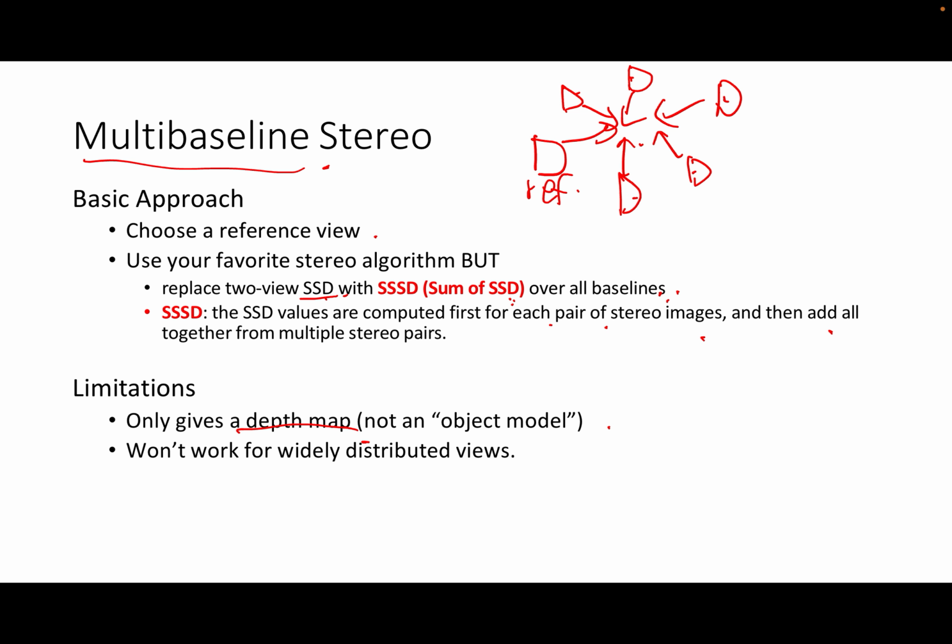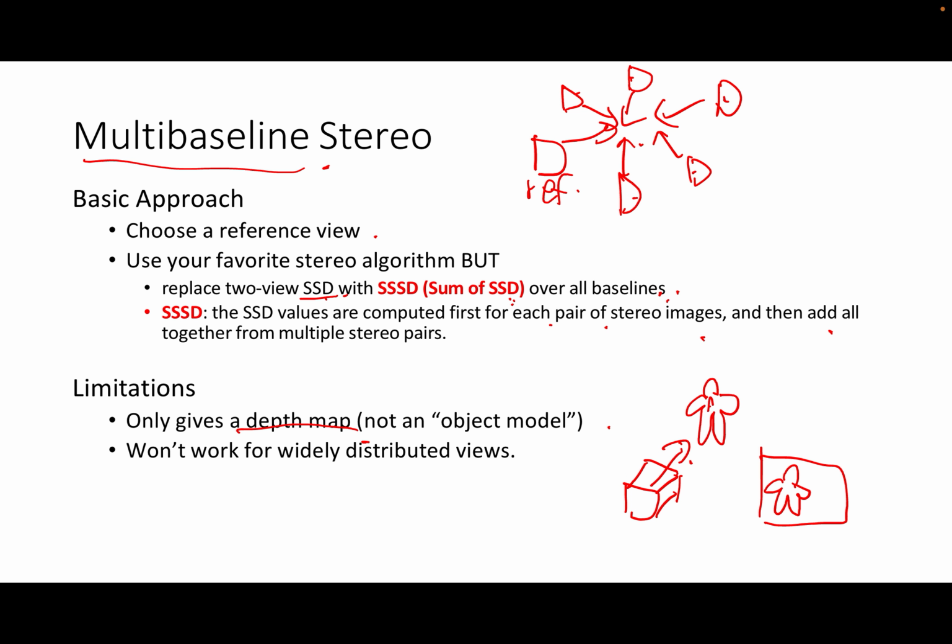A depth map does not provide, for example, if there is a human and there is a camera here, the depth map might look like this, but it only provides depth values for visible points. A depth map does not provide information for invisible points, like the back of the person.